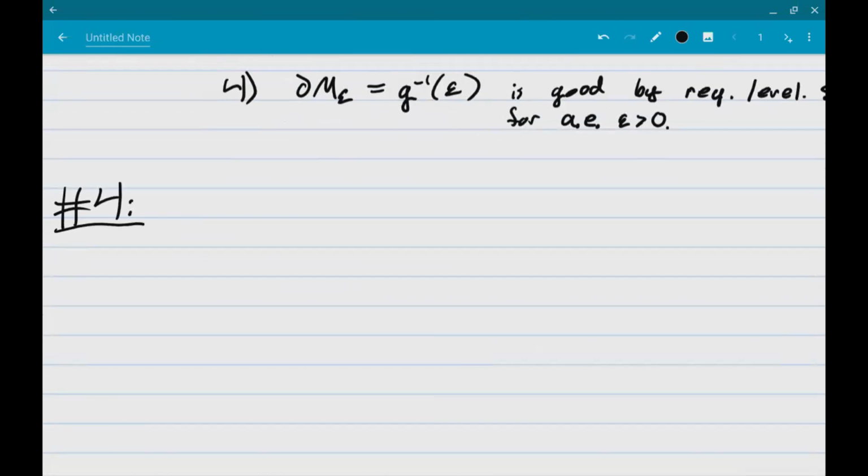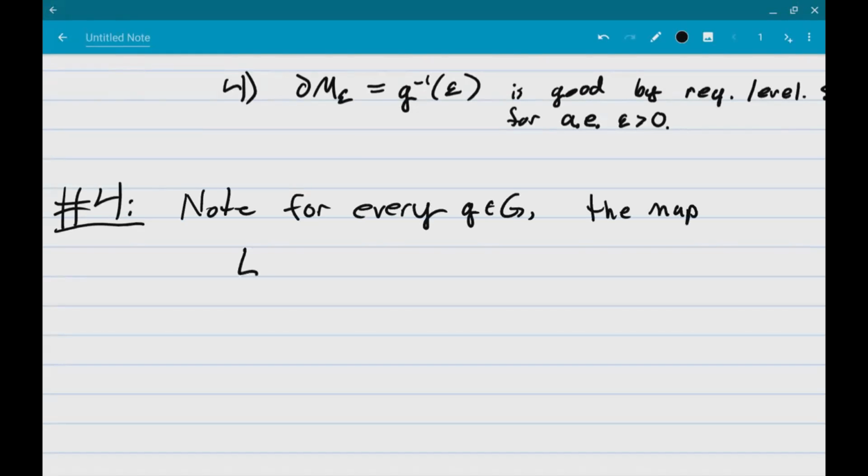Okay, so the main idea for the proof of number 4 is that, note, for every element g of my Lie group, the map L_g, which sends G to itself, defined by left multiplication by that little element g, is a diffeomorphism.